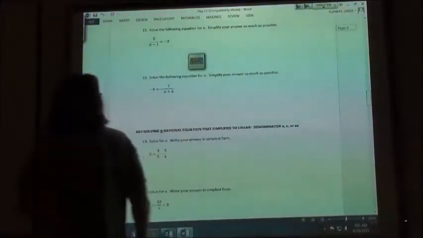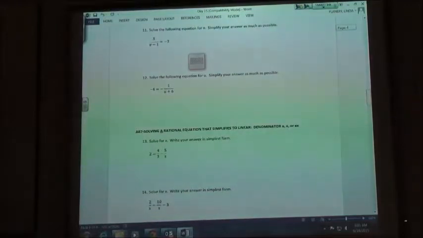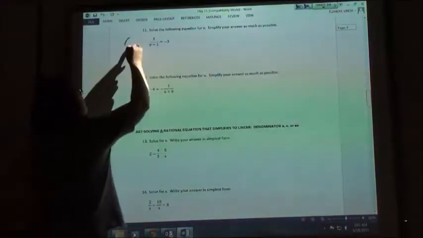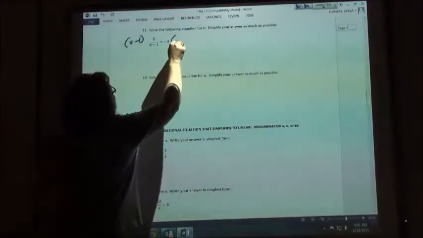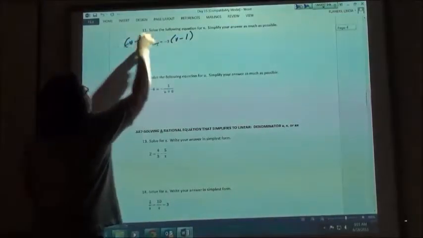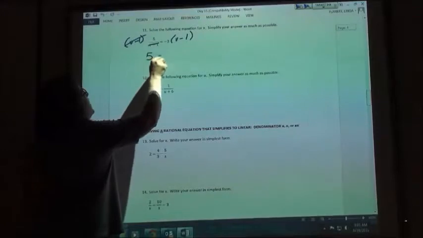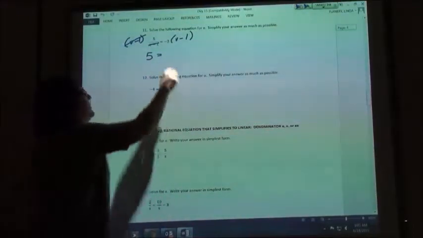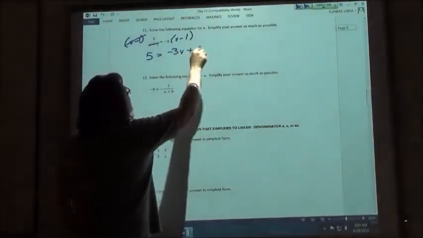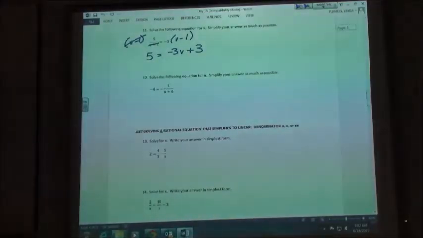So number 11, if I want to solve that, I'm going to start by multiplying by my denominator of v minus 1, so I can cancel my fraction. Then I would have 5 equals negative 3v plus 3 when I distribute that out.